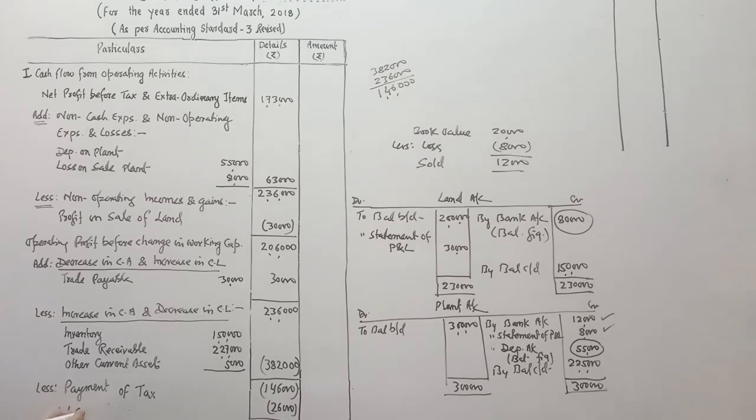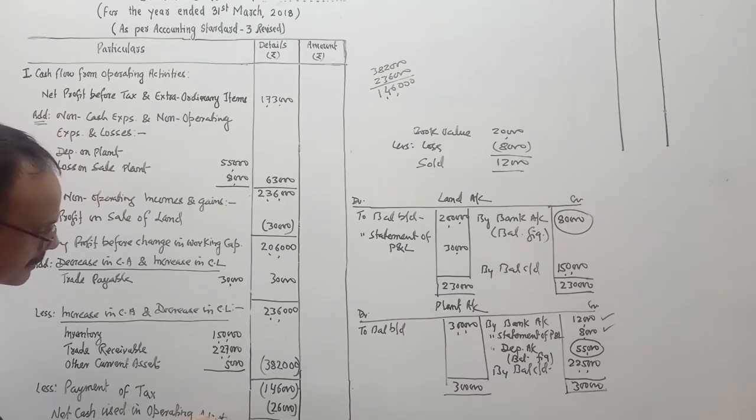Net cash used in operating activities. Is it clear? Net cash used in operating activities.